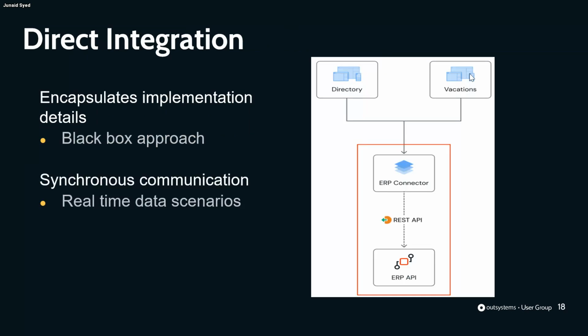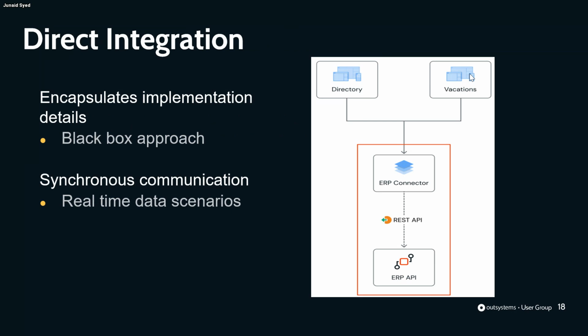There could be various kinds of integrations possible. One is called direct integration, and this is also called a black box approach. Here we again have the directory application and vacation application, and they are dependent on an ERP system. We are consuming a REST API from that system.